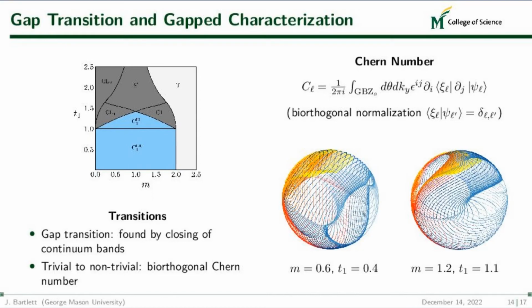If we then want to find the non-trivial versus trivial gapped regions, so this blue region versus this light gray region, we again use the Chern number. This is the wrapping of the eigenvectors around the Bloch sphere. But now that we're dealing with non-Hermitian systems, we need to use biorthogonal normalization.